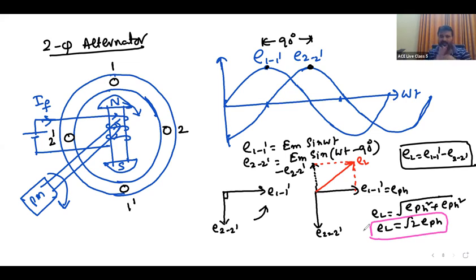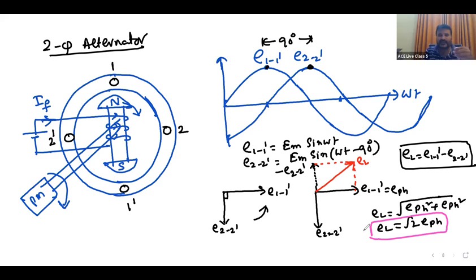Dear students, just a minute. Why I am explaining all these things: stop writing and listen. Options will be given in the form of waveforms, in the form of numericals, or in the form of equations, the EMF equation. E11 dash is equal to Em sin omega t, and E22 dash is sin omega t minus 90 only.